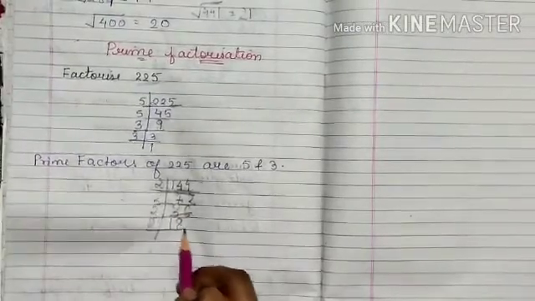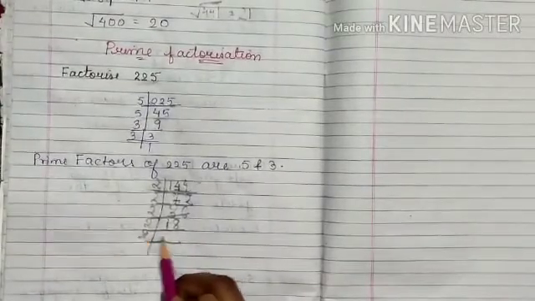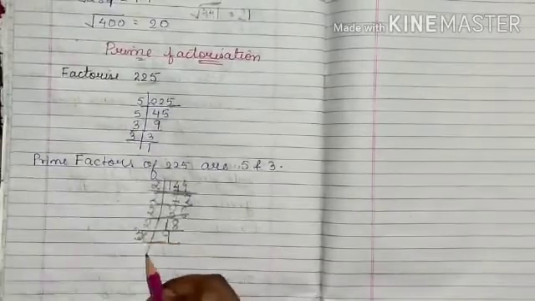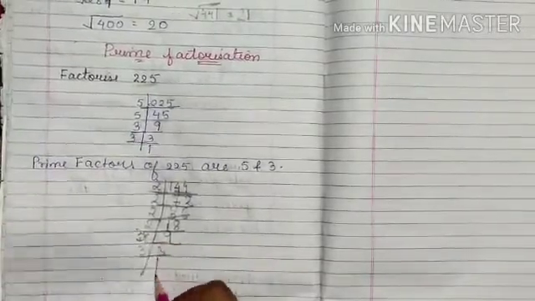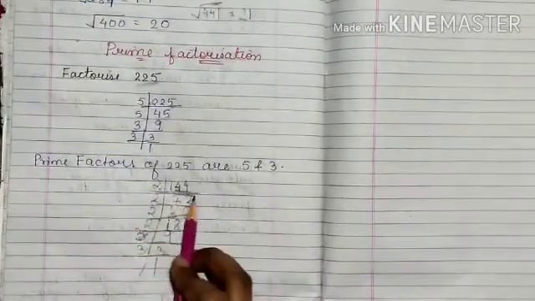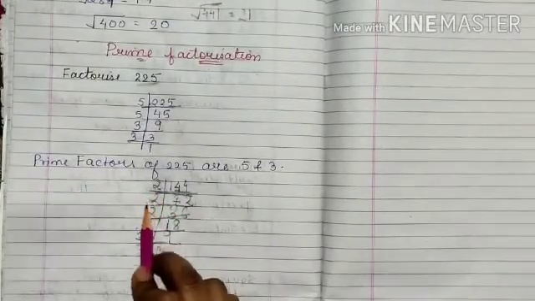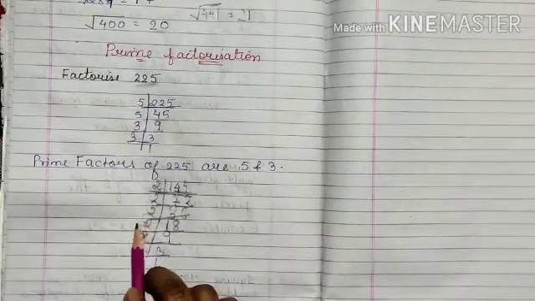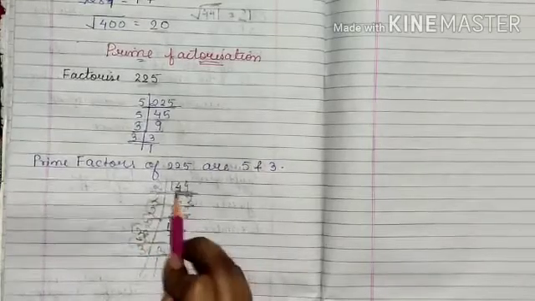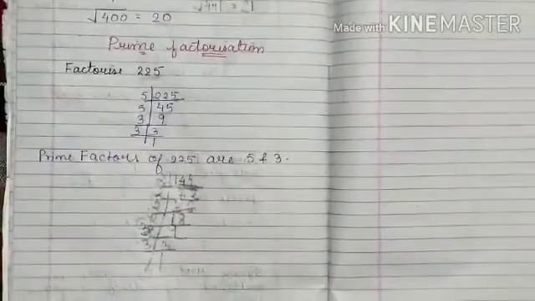Then 2, it will be 9. Then 3, it will be 3, and then 3 gives 1. So the prime factors of 144 are 2 and 3. Multiplying all of them together, the number is 144. So now you can do the prime factorization.